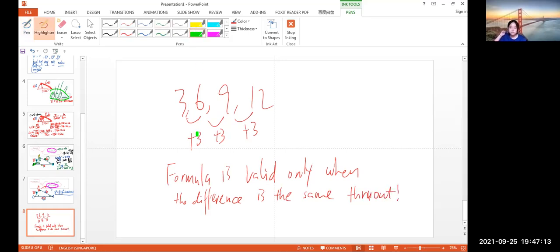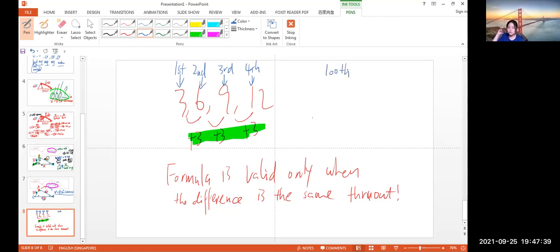Can you see that the difference is the same throughout? +3, +3, +3. Can you see that? Yeah. Okay, good. Then with this, you can use the formula. So this is your first number. This is your second number. Third, fourth, right? So let's say they ask for the 100th.